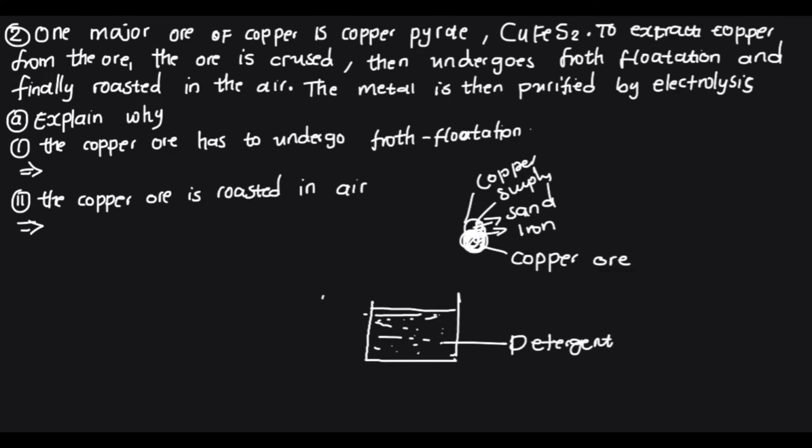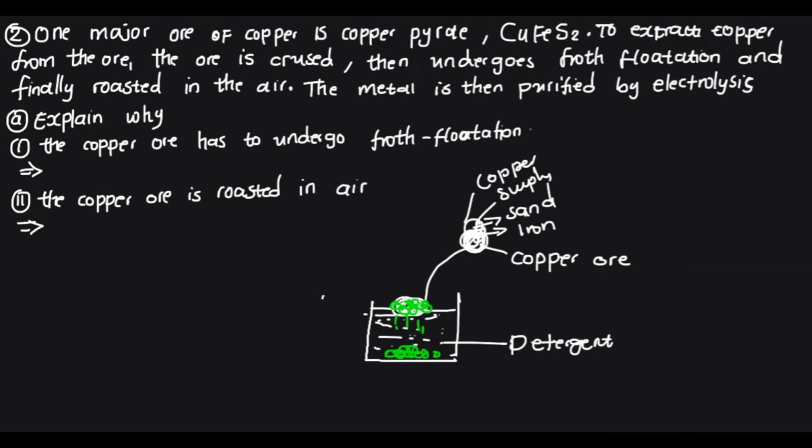Then from there, this is placed in a tank where there is some oil or some detergent. So during this stage, this is what we call froth flotation. Then during this stage, some of the impurities like sand will be separated from the copper ore, sink to the bottom, and settle here. Then the remaining copper ore will float to the top.